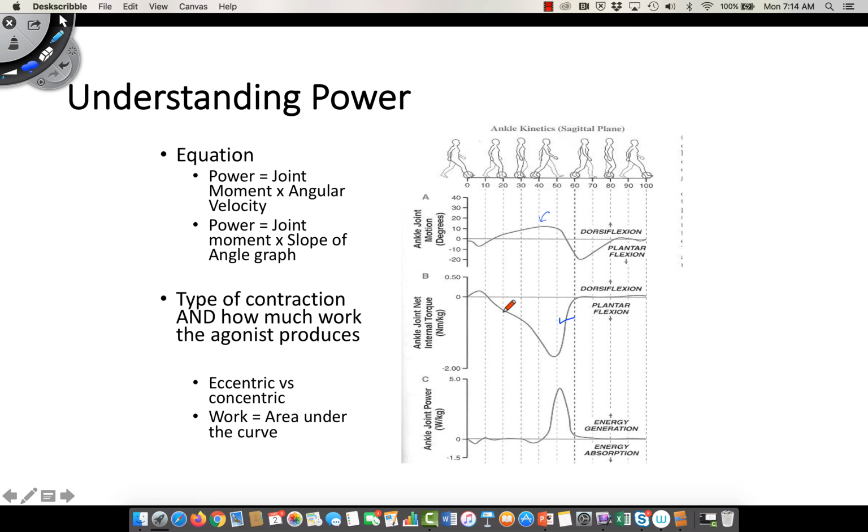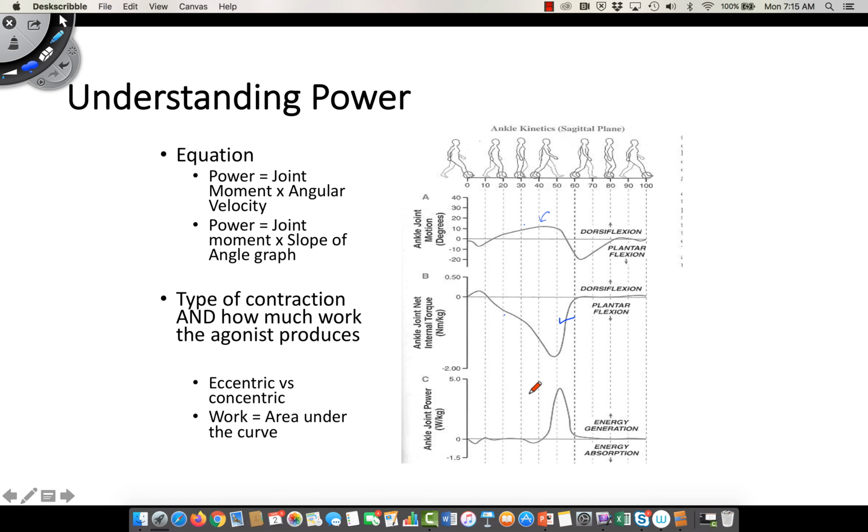So joint moment times the slope of this joint angle graph. Part of why we're interested in understanding joint powers is it gives us an idea of how much work the muscles are doing at the joint, and it also tells us what type of contraction is occurring.